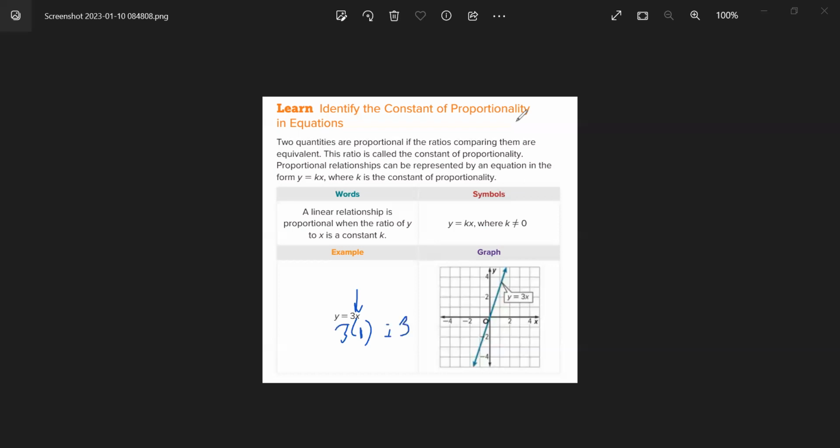So y will be 3. Y will be 3 when x is 1. This is what we did, graphing.